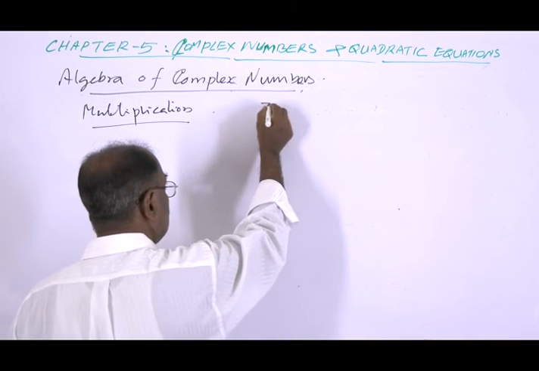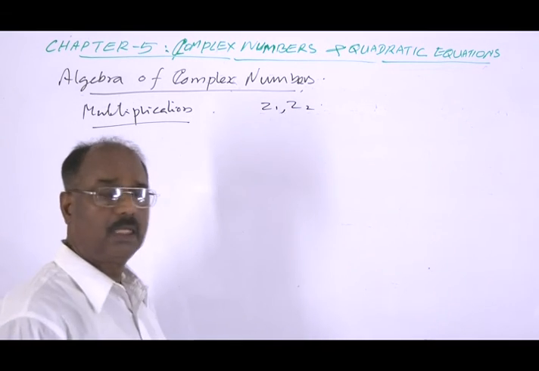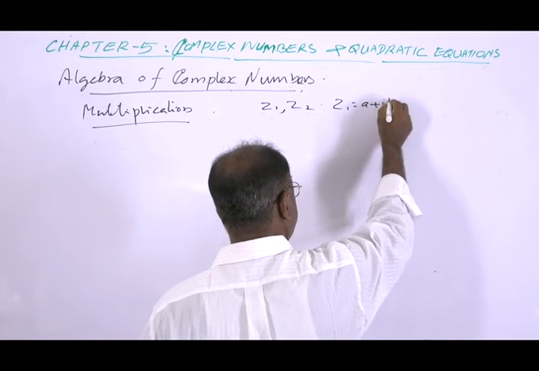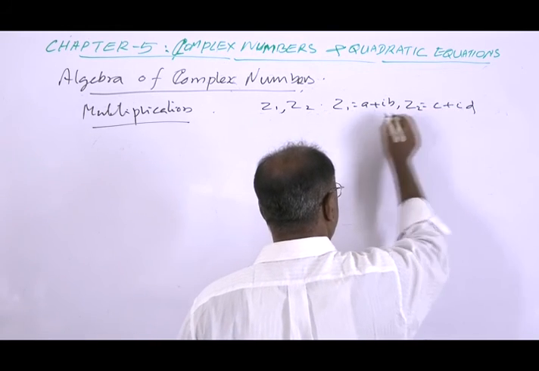Suppose Z1 and Z2 are any two complex numbers. Let Z1 equal A plus IB and Z2 equal C plus ID, the two complex numbers.